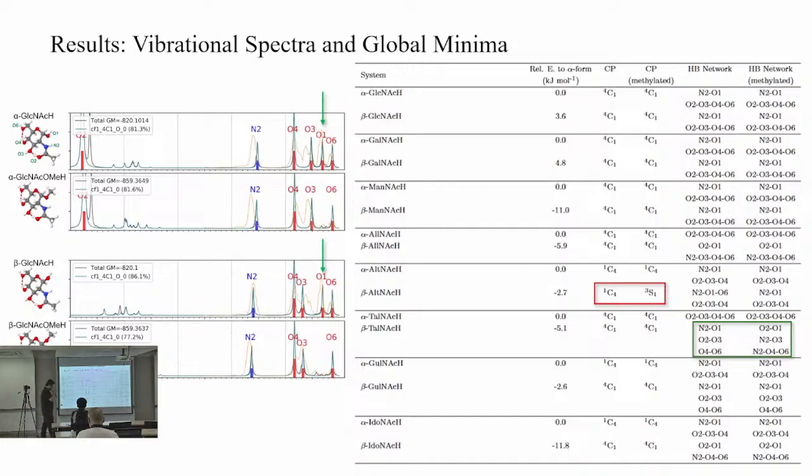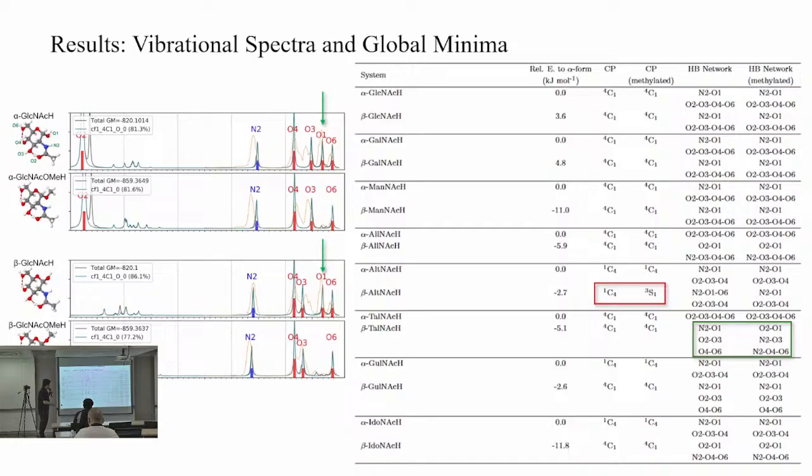Actually, what we found is that although most of them followed the same trend as this one here, we found 2 cases, 2 out of the 16 cases, wherein the global minima actually changed its overall conformation. For example, here this beta altrose N-acetylated was initially a chair conformation in its unmethylated form, but after methylation, it changed to a skewed boat conformation.